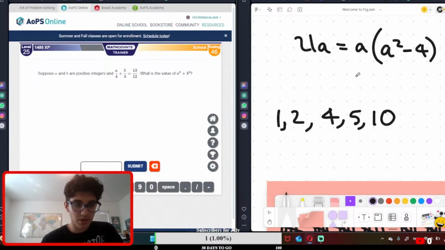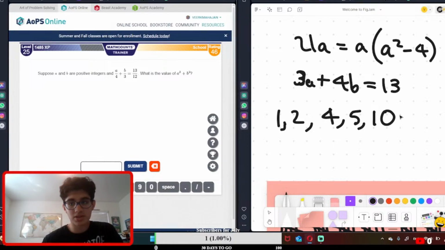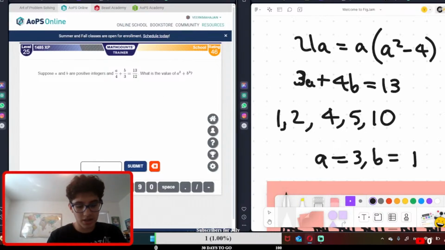If you multiply it by 12, you get 3a plus 4b is equal to 13, right? Oh, if they're positive integers, then it should be easy to figure out. One of them will be 4. So a is equal to 3, b equals 1. That'll give you 9 plus that. So if you square them and add them, you get 10.